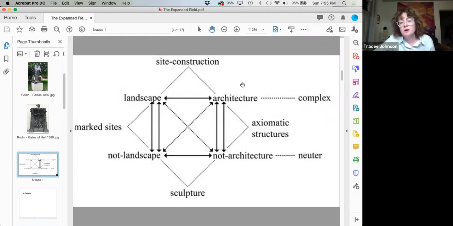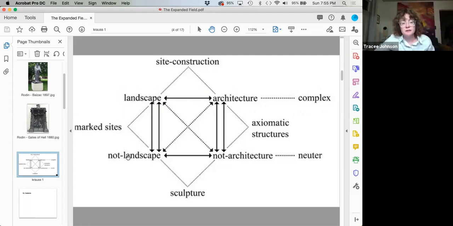So these are what she is really going to start talking about in the article as the postmodern movement into the expanded field, okay? We had sculpture before, we understand it as its own thing. Now in the 60s and 70s, the land art movement is moving into these 3 other areas that she's categorized.